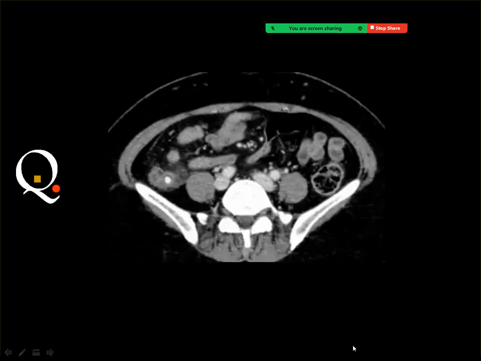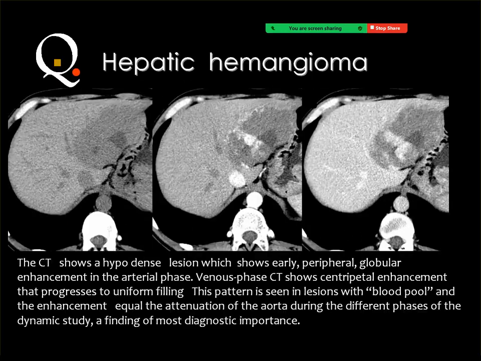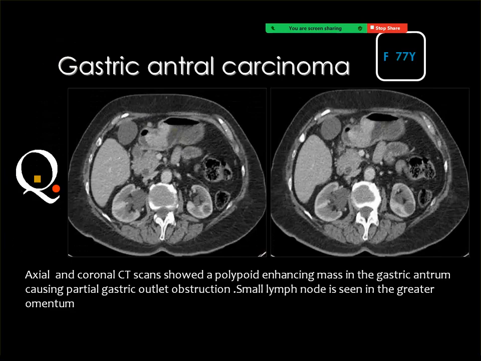What about the right renal pelvis, Ustaz? Sorry? What about the right renal pelvis? Yeah, this is a peripelvic cyst, or parapelvic cyst. It is not a hydronephrotic kidney because the calyces are okay. And this is another cystic lesion.